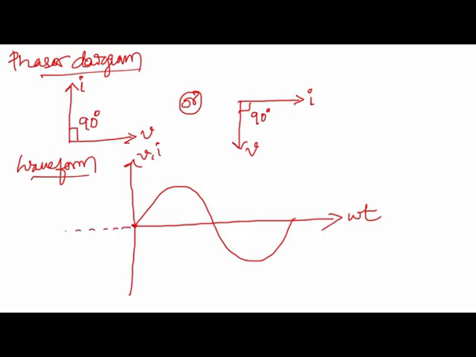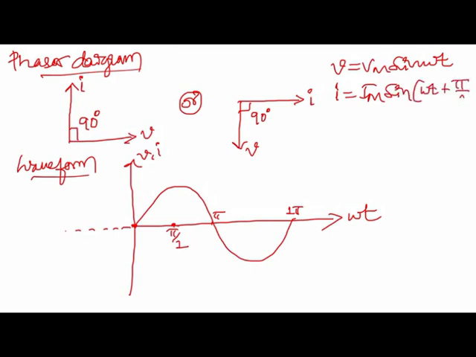So this is 0, this is 90 degrees, pi by 2, this is pi, this is 2 pi. To draw it, we know V is equal to Vm sin omega t, and I is equal to Im sin omega t plus pi by 2.